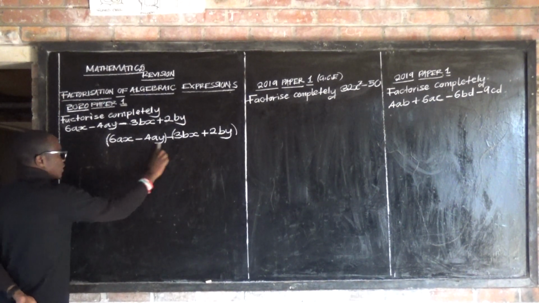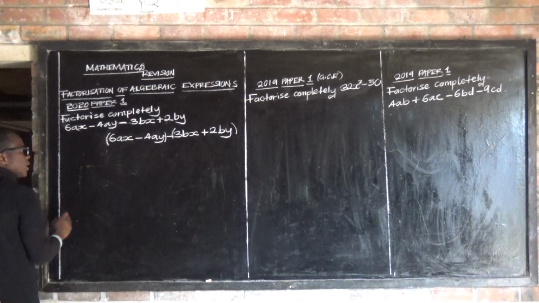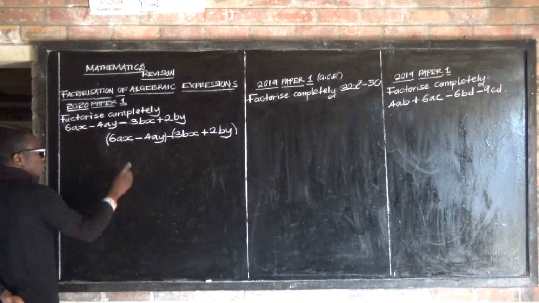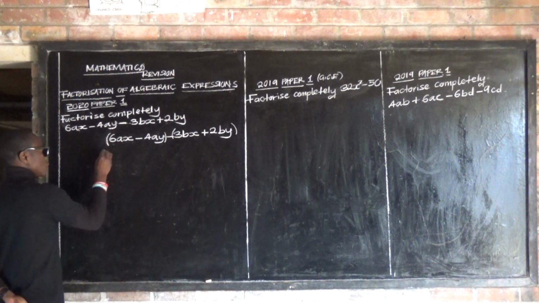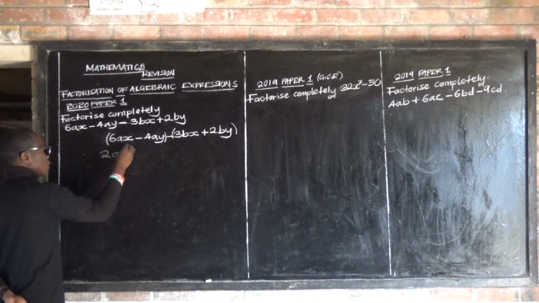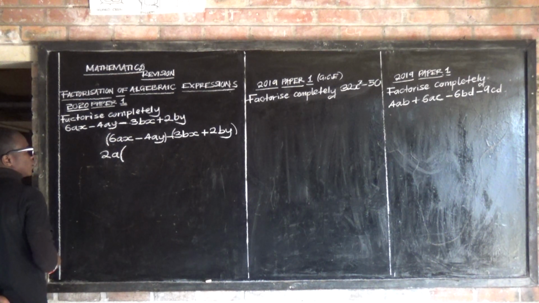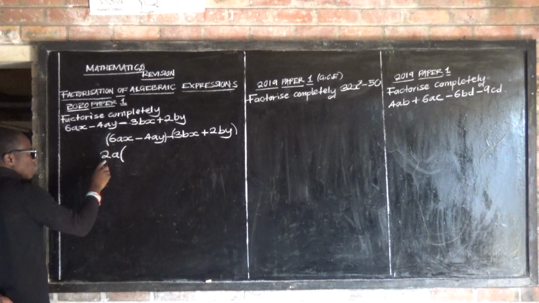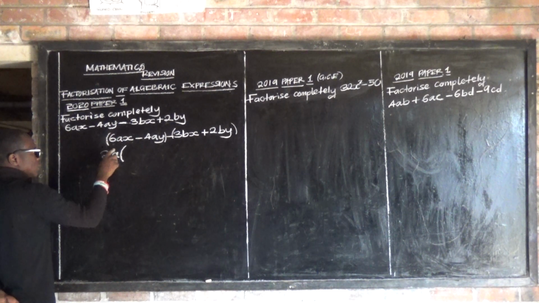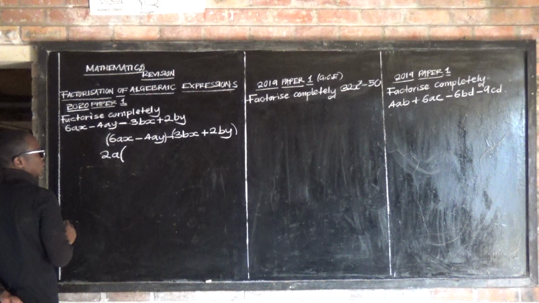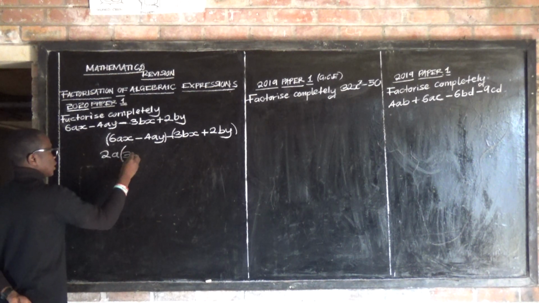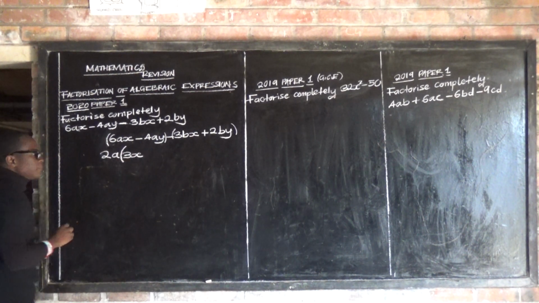So in this first pair, the common factor is 2a, because 2 can go into 6 without leaving a remainder, as well as 4. So say 2a, then now open the brackets. Then you say 2a into 6ax. What do you get? You're going to get 3x. Is it okay?